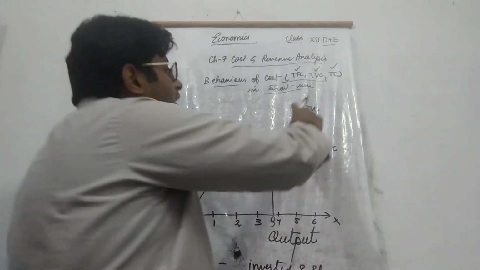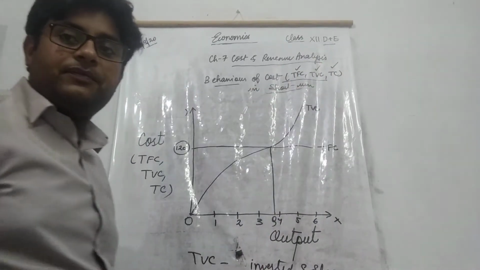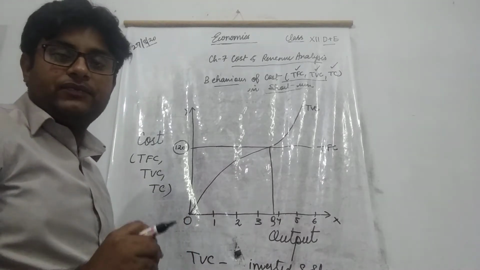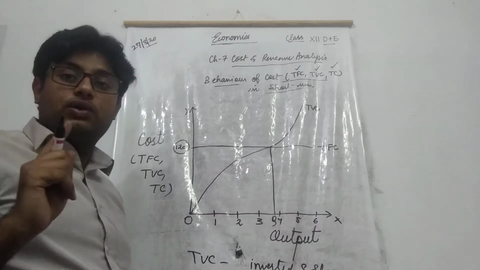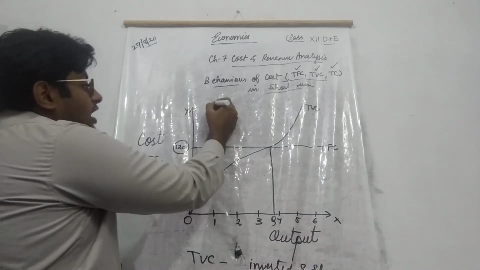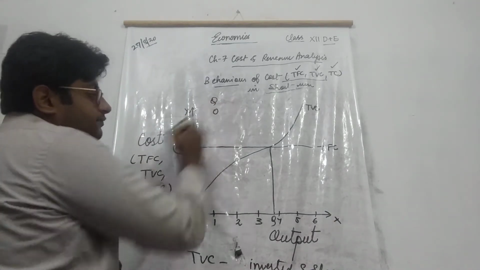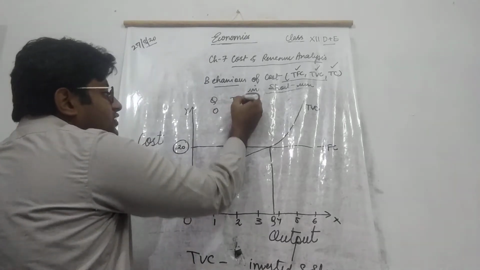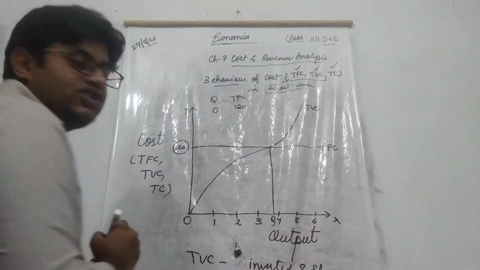Okay. Now coming on to your total cost, what is the behavior of total cost in the short run? Remember the schedule. When the output was 0, my total fixed cost was 120 in that schedule.